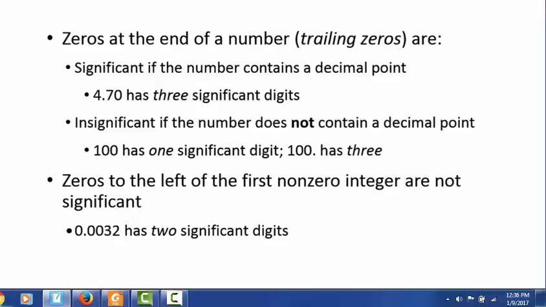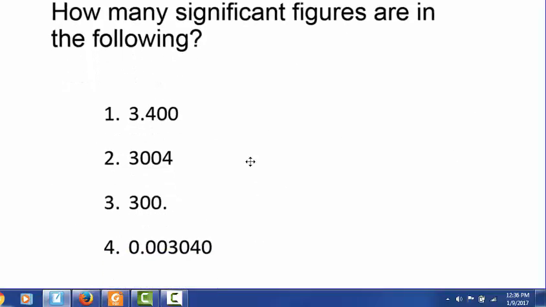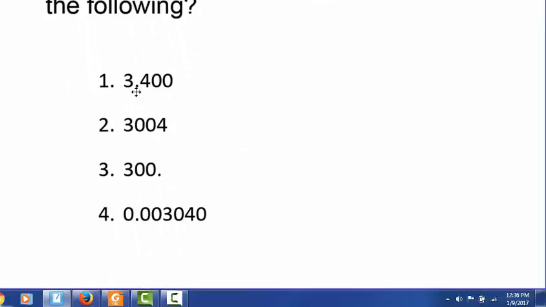So let's look at a couple of examples here. How many significant figures are in the following number? 3.400. The 3 and 4 are definitely significant, so the question is whether or not these zeros are significant. They are trailing zeros at the end of the number, so they're significant as long as there is a decimal place, and there is. So these get to be significant, and I have 4 significant figures. 3004.